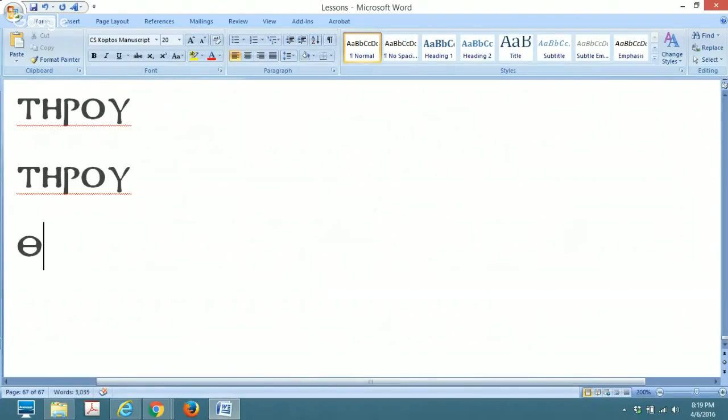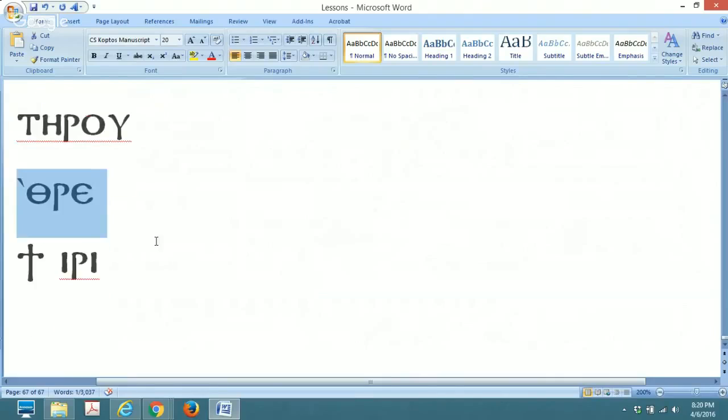Etre comes from, and this is just to help you understand it, because you'll never see it in this form, but this is just to understand where it comes from historically. T and iri. It's a combination that over the millennia in the ancient Egyptian language, by the time it made the Coptic, T and iri merged to etre.